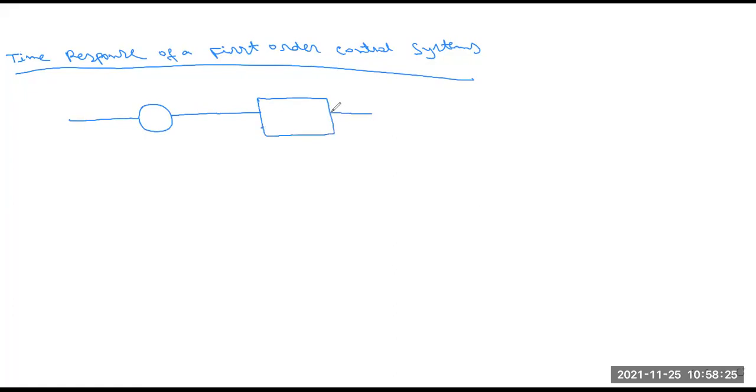These are basically the diagram of the first order control system, as all of you know. This is the summing point. First we apply the input, R(s). This is the process or plant, that means the controller part, and this is the output part, C(s). After the summing point we calculate the error.